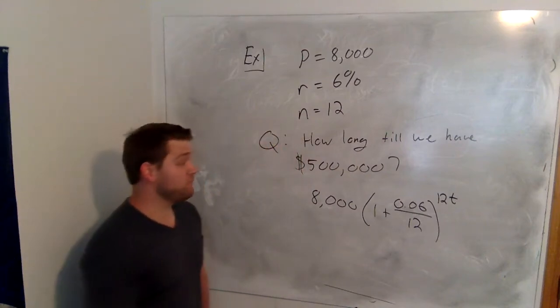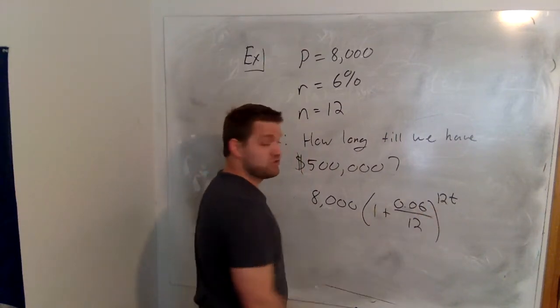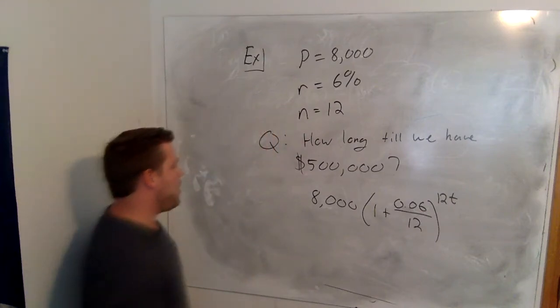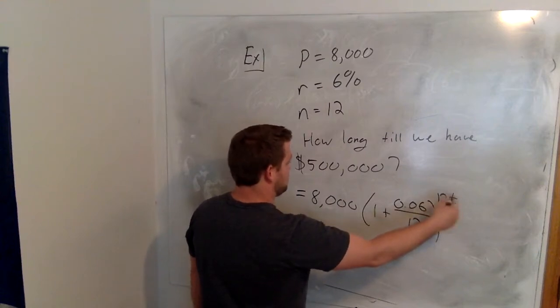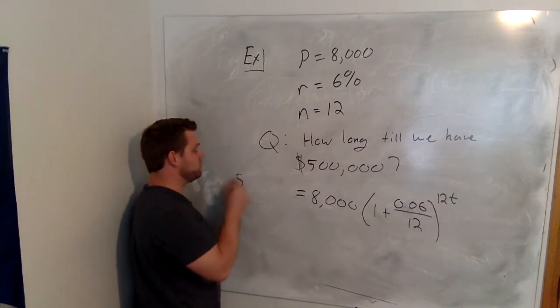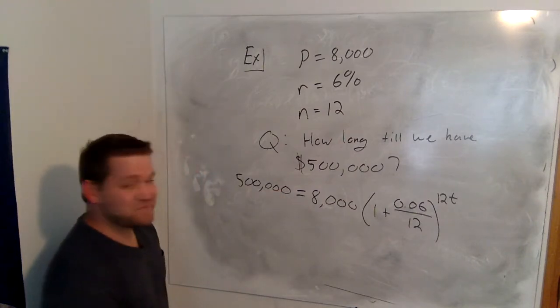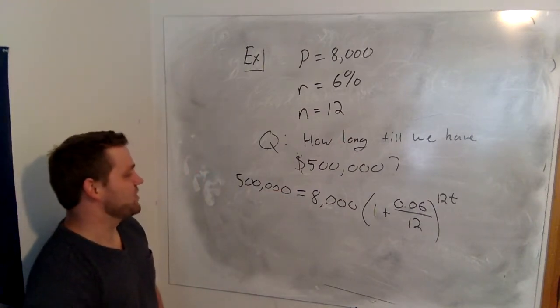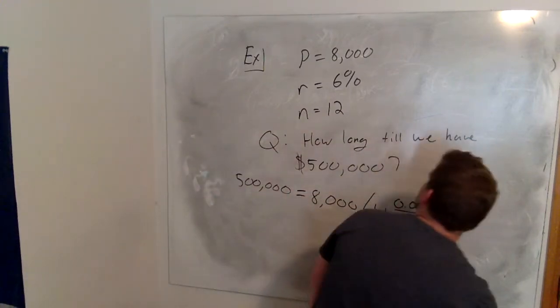So here is a function that tells us how much money we're going to have in our bank account after 2 years. Now the big question is how long, what value of t, how much time would it take for this bank account to accumulate to $500,000? Go ahead and pause the video and give this a shot on your own. Solve for t. All right, let's do it. Let's move this up here.